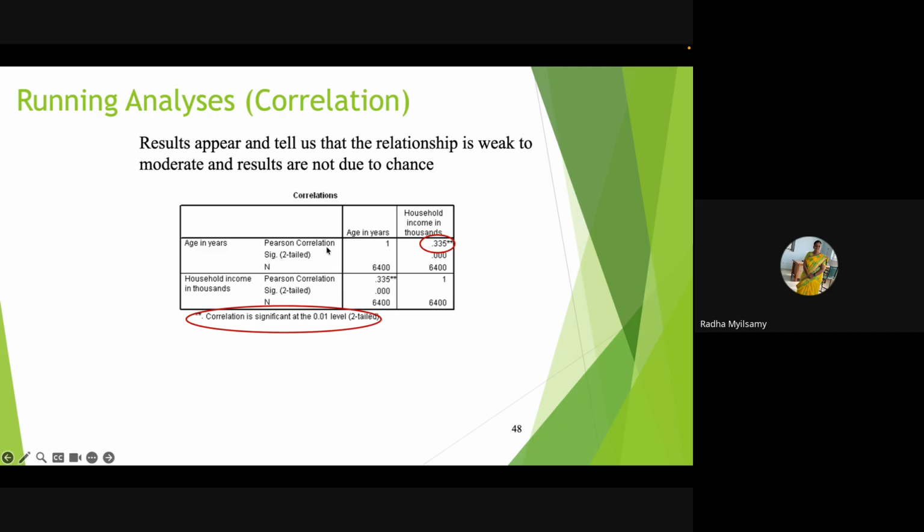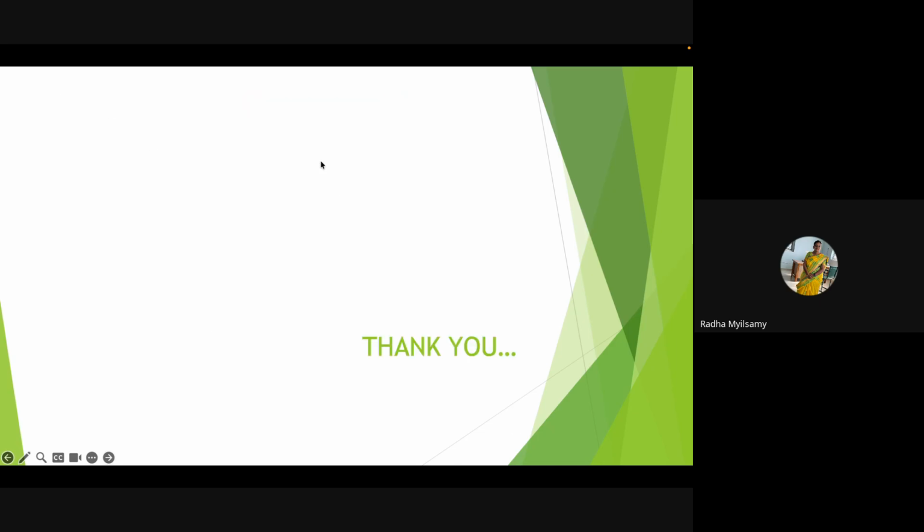There are two alpha values. So here, we have 0.335 as the correlation value. It is a positive value. So between the two variables, there is a 33.5% relationship, and the results are significant. This is the interpretation based on these correlation results.